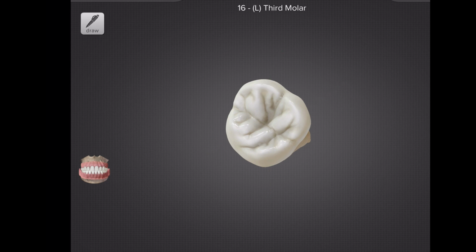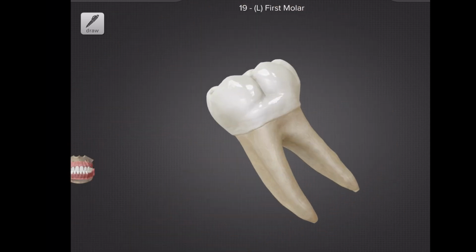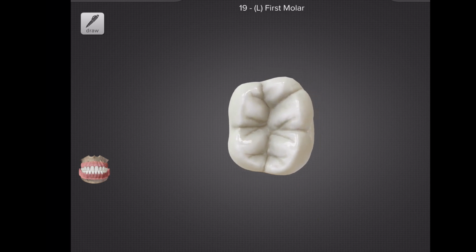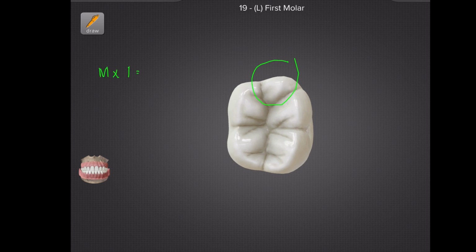How about for your lower? For your lower molars, how many cusps do we have? So, for your lower first molar, this is quite a different story because of the presence of your distal cusp. If your maxillary first molar has the cusp of carabelli, the mandibular first molar has its distal cusp.